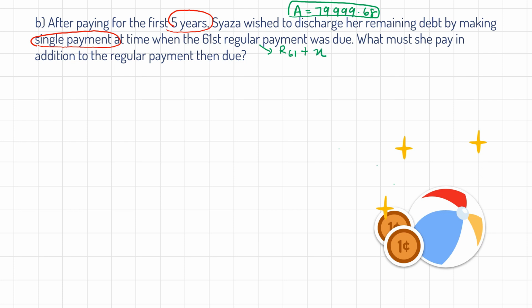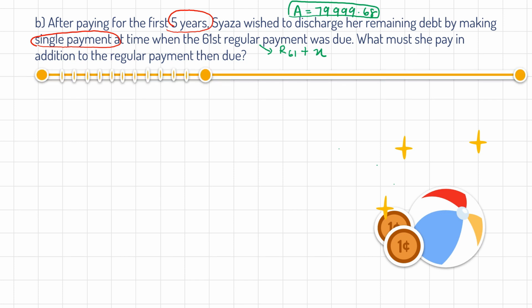Let's see the timeline that we have, okay, for better understanding. So this will be the timeline. First of all, here we have 0. Here is 1 year. And then the last circle will be 15 years. Why? Because in the problem statement, Shaza promised to pay 811.41 every month for the next 15 years. So the loan is agreed for 15 years.